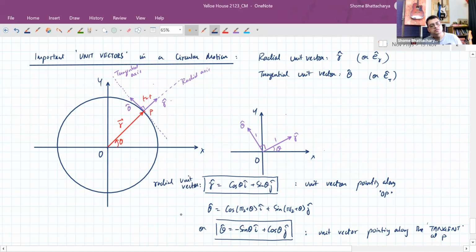This is our tangential unit vector. For a particle in circular motion with angular position theta at some time t.